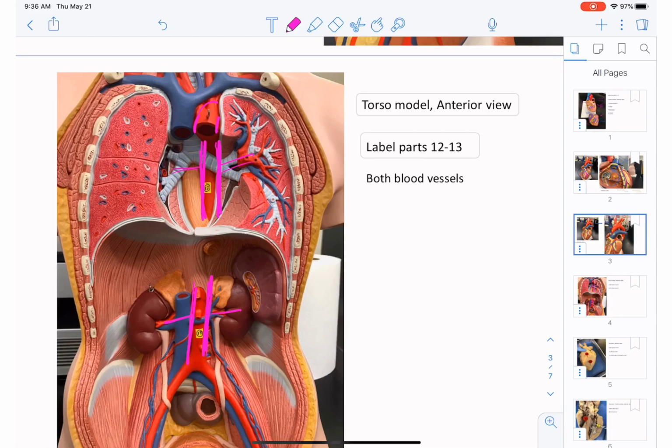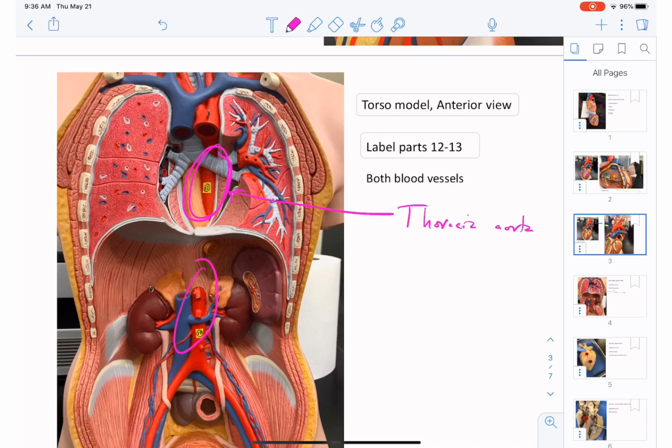Now, when the aorta starts to descend, this whole section of the aorta, where it's descending downward, is called the descending aorta. But we can divide those up into different sections. And specifically, the part of the descending aorta that goes through the thoracic cavity is called the thoracic aorta.